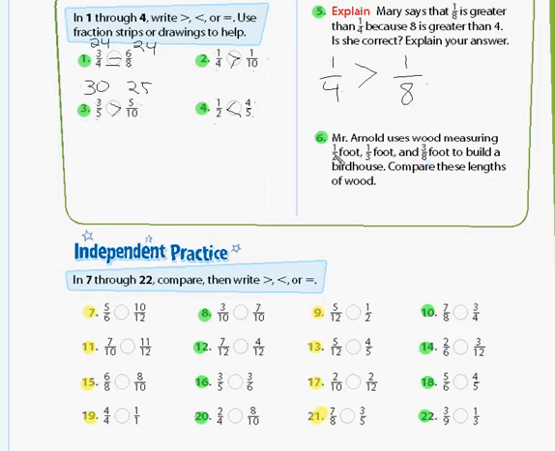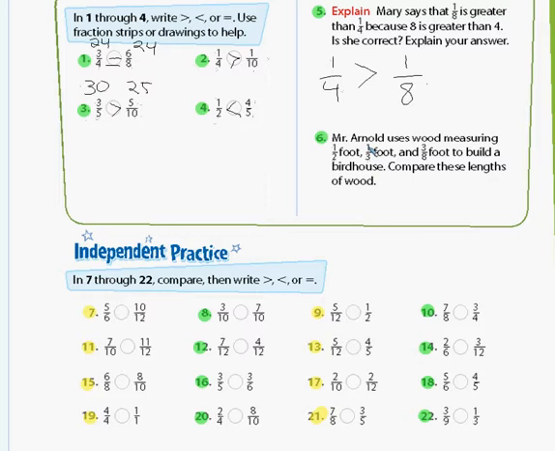We know 1/2 is equal to 1/2. 1/3 is going to be less than that because they both have the same numerator, and the 2 is smaller than the 3, so 1/2 is larger. So we know that 1/3 is less than 1/2.